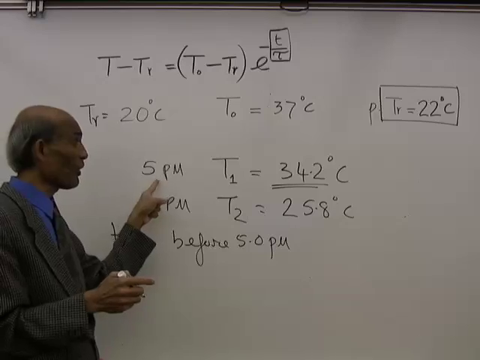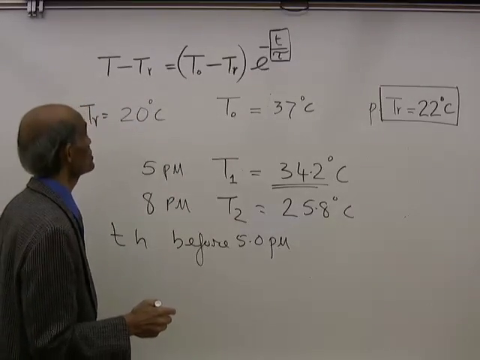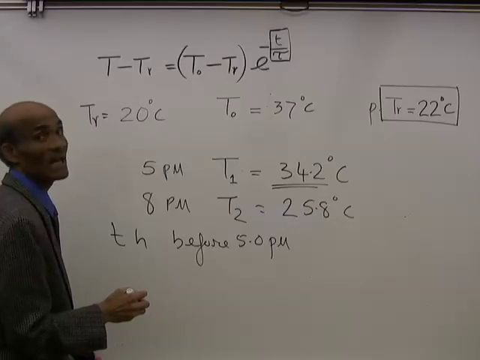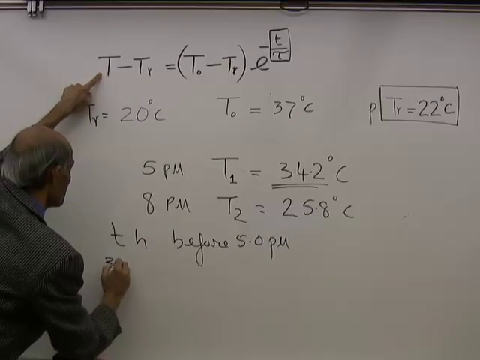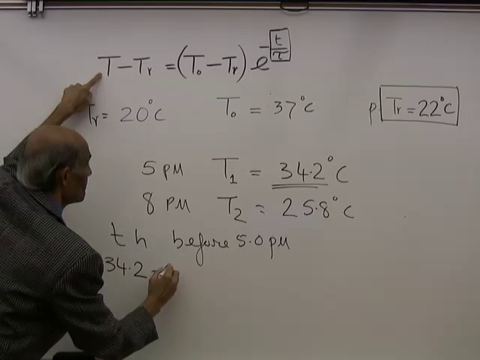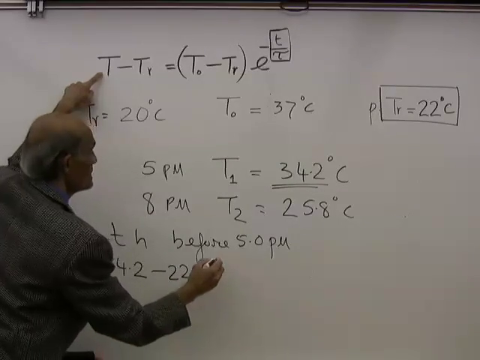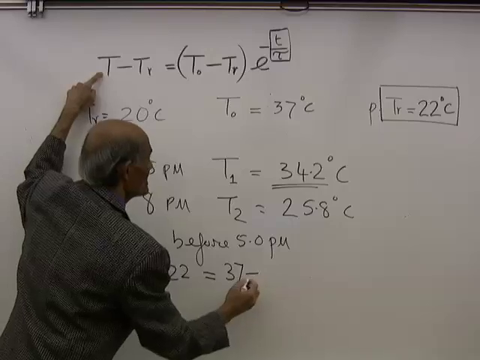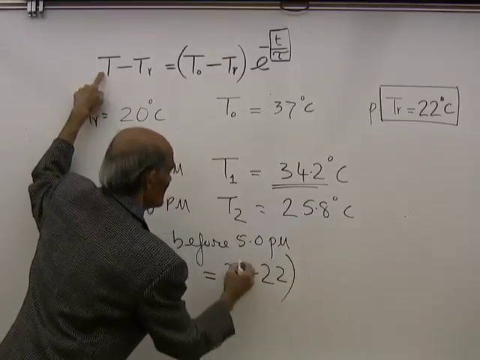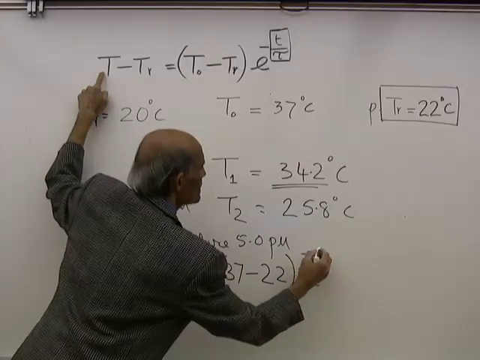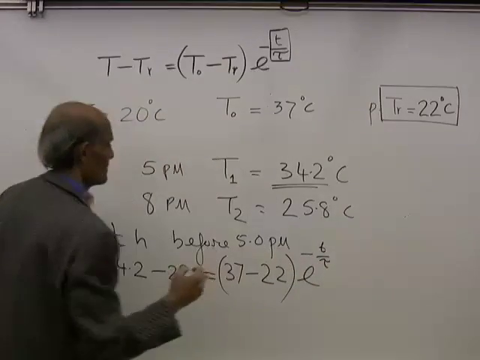So let's put those quantities in that equation. What will that equation be like? It will become: the measured temperature 34.2 minus T sub R, which is 22, will be equal to 37 minus 22 times e to the power negative t over tau.